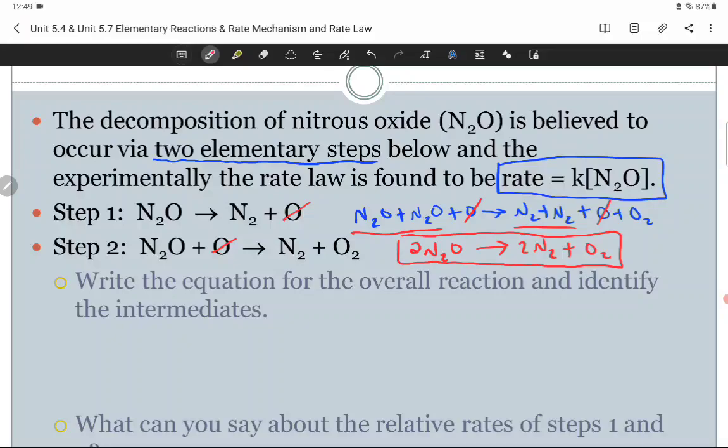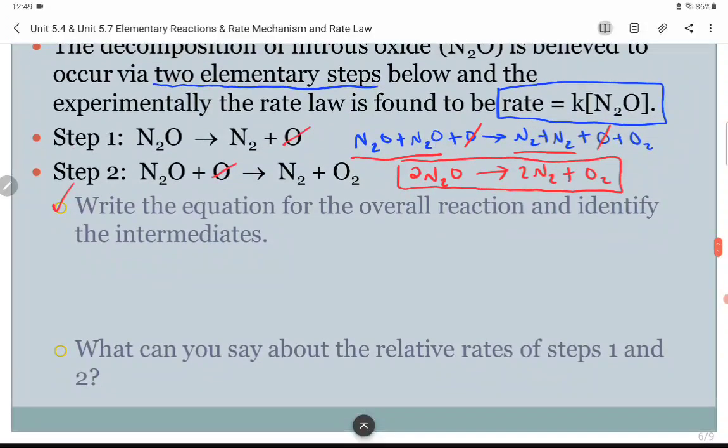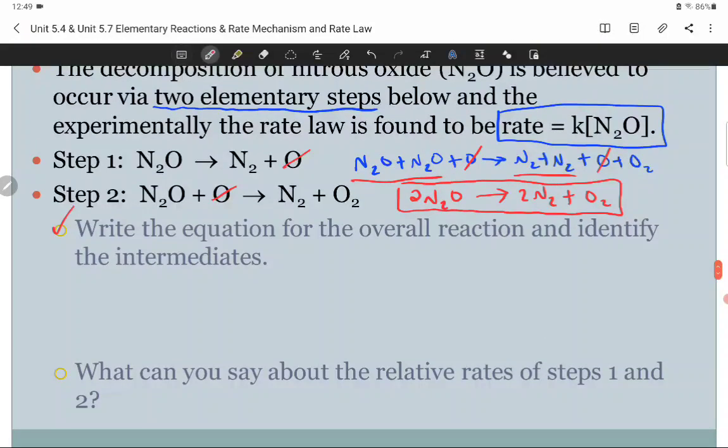What else were we told to do? So we answered that part. And then let's go up here just a little bit. It says, what can you say about the relative rates of step 1 and step 2? So the rate law, again, that was already determined for us, has to reflect the slowest step.